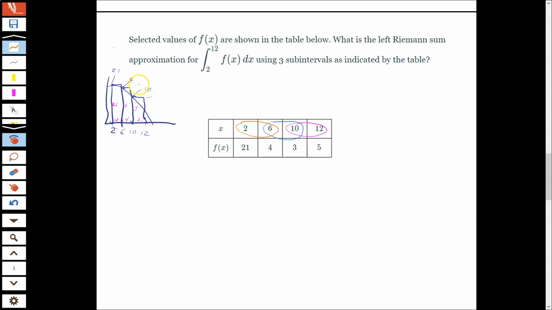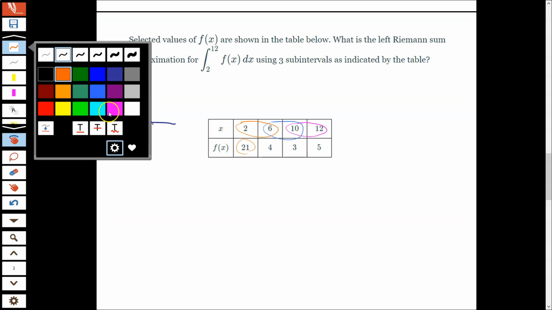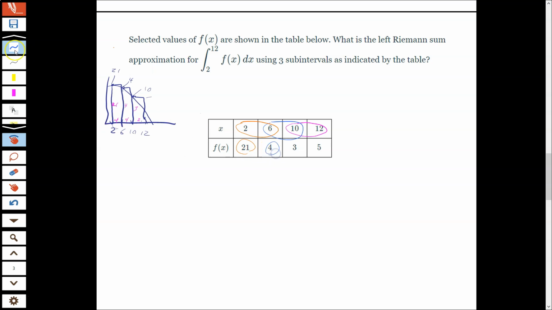And then from those, I used the left-hand y value, the left-hand value of f of x for the height of each rectangle because it's a left Riemann sum. So I use the smaller of the two after I pick my subintervals. Or the one that goes with the smaller x, rather. Okay, let me show you the solution here.